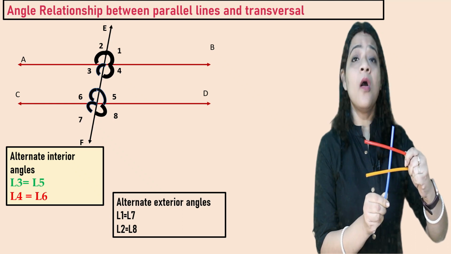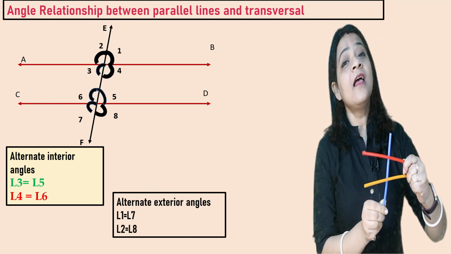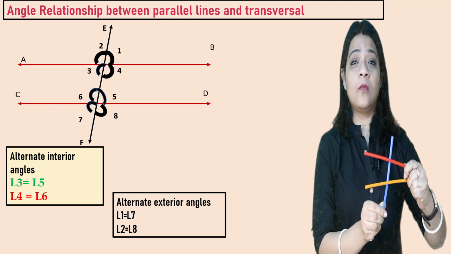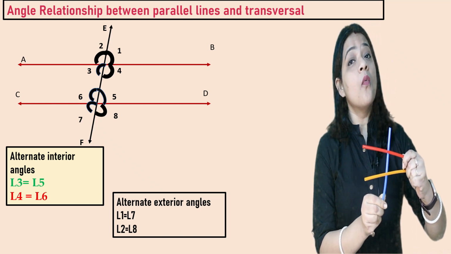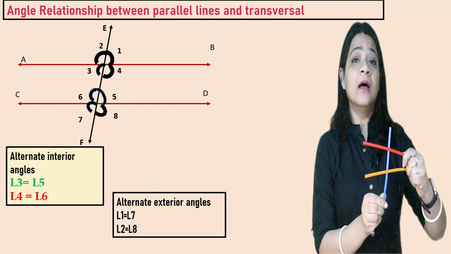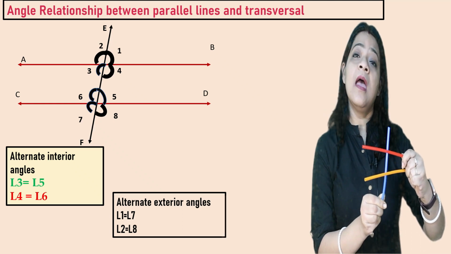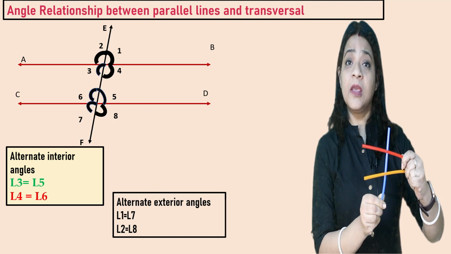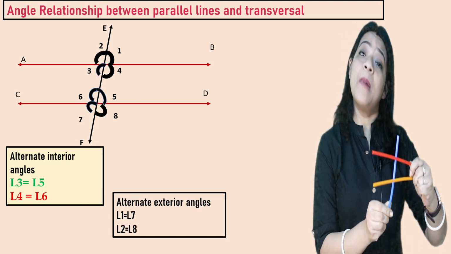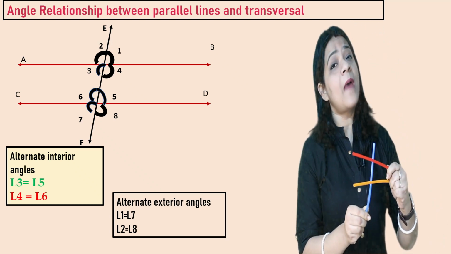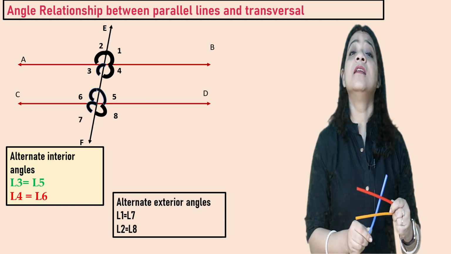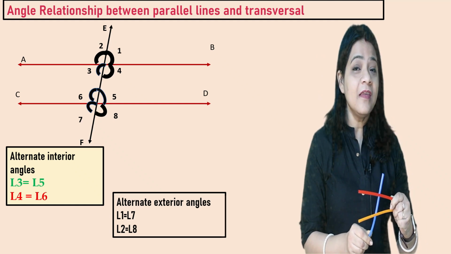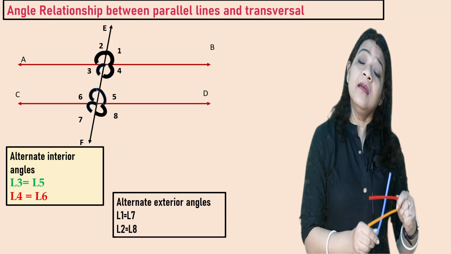Alternate exterior angles will also be equal, that is angle 1 and angle 7, and angle 2 and angle 8, because these are parallel lines, and in parallel lines we know that the distance between them is equal, so the angles will also be equal.